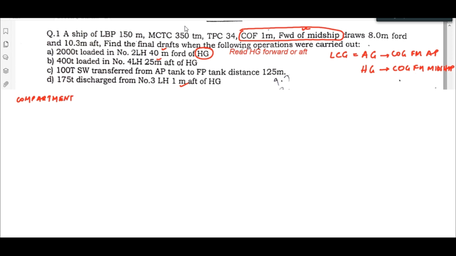In fact, right on the top, what we must write down is center of rotation. Where is the center of rotation? COF 1 meter forward. And not to forget the sketch, we can also make a small sketch here.